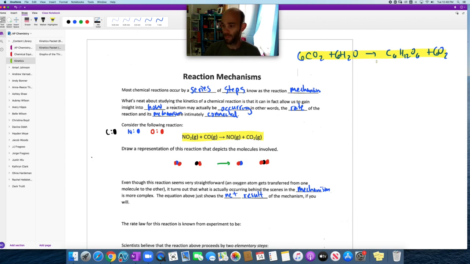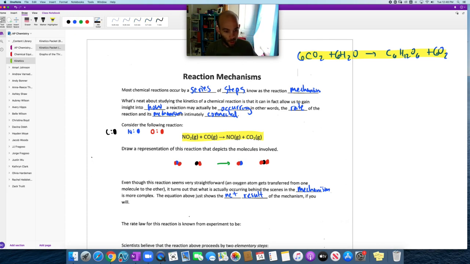Okay, so if you get some plants and give them some water, you can actually measure this overall type of thing occurring in a closed system. You would see less and less carbon dioxide in the air around the plant and more oxygen around the air. So we know that's the overall type of thing, and more sugars in the plant cells. But just like this is not occurring in one step, this one doesn't either.